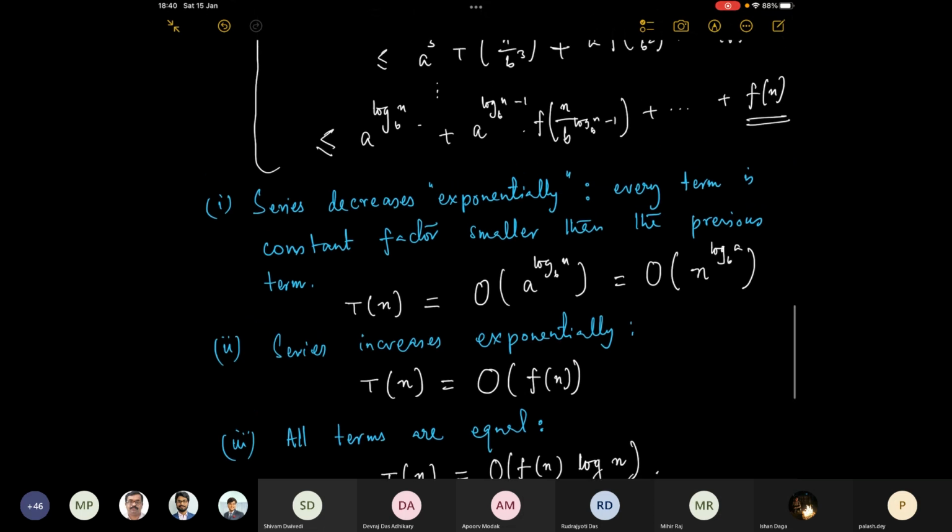Then you have to somehow try some other trick. But in most cases, for algorithm analysis, you will hit upon one of these three cases and you will very easily solve these recurrence relations. Okay.